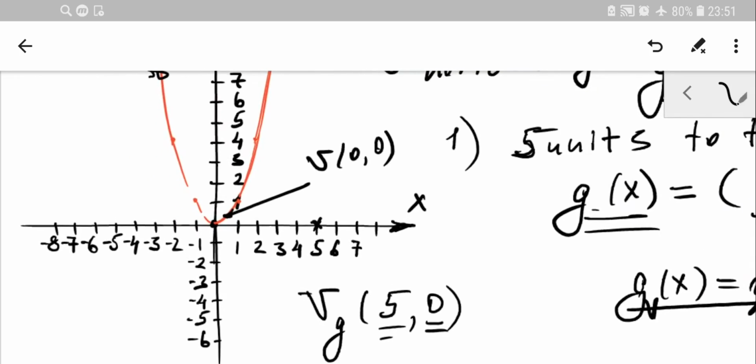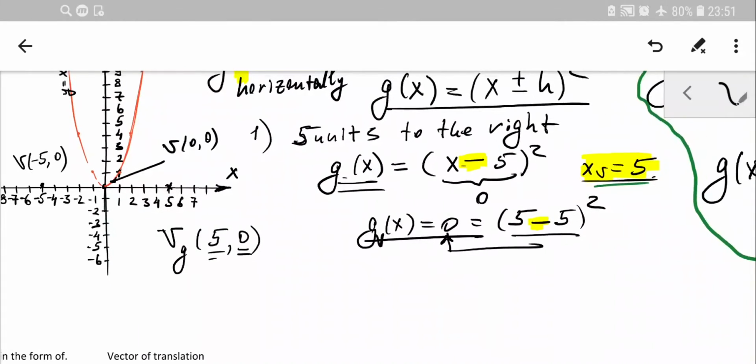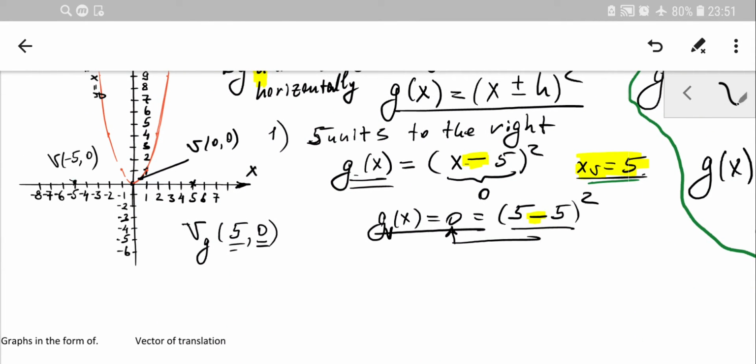Say it was shifted 5 units to the left instead. Then the new vertex has the coordinates -5 and 0. And according to the operation, how do we get y vertex equals 0 for the new function, so g vertex from x vertex?